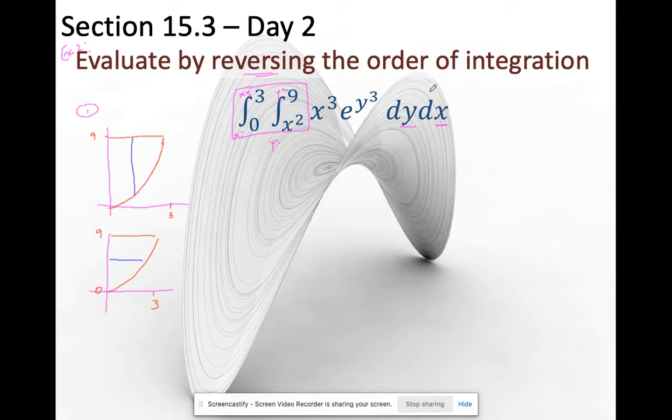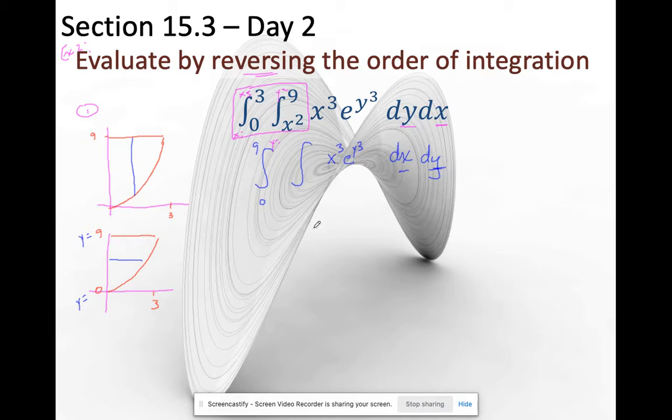To do that, reverse the order of integration, which means you have dx, then dy. You have your surface. But what are your limits of integration now? Y is on the outside. So you're going to go from 0 to 9. And then what about the inside?